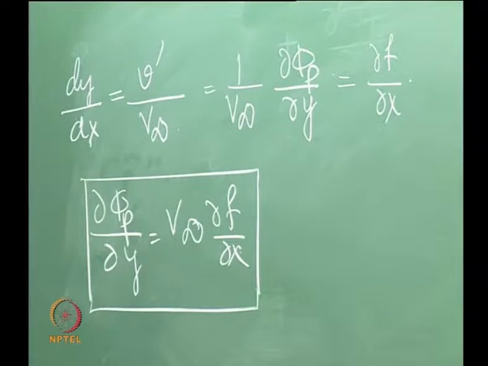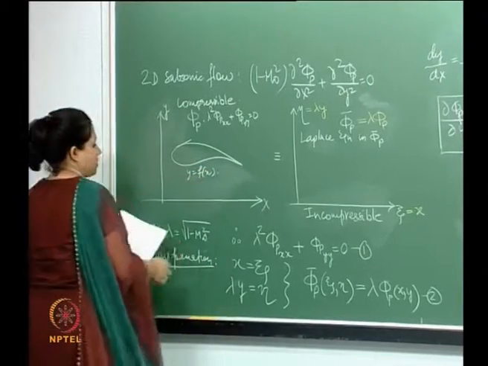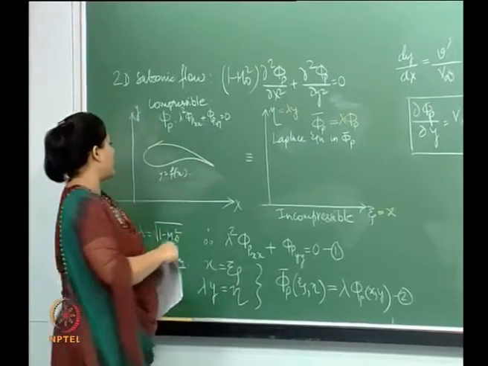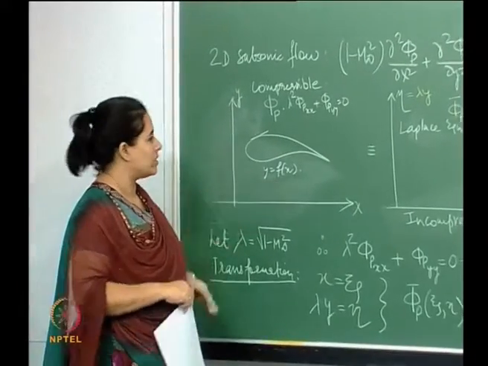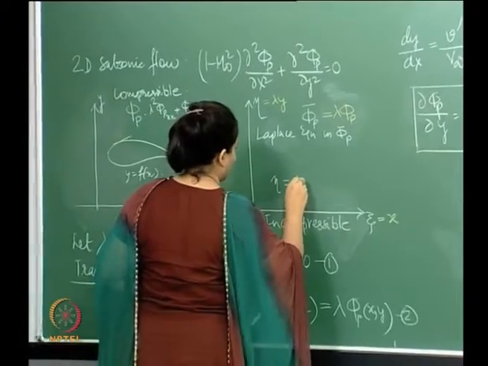So del phi p del y, let us give the function to be, say, y is equal to f(x). When I draw the body out here, let the function be like this. Okay, y is equal to f(x), and here, so let that be eta is equal to.